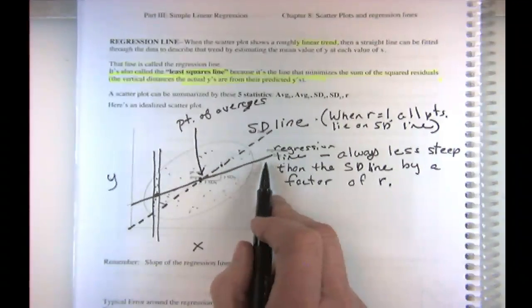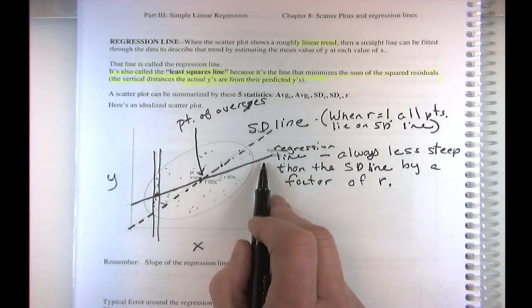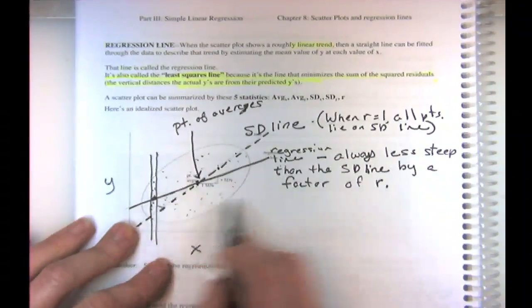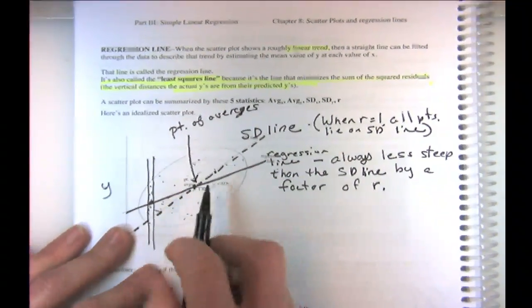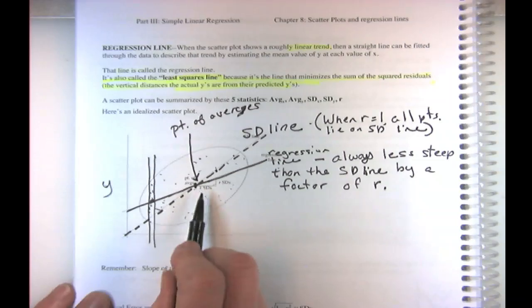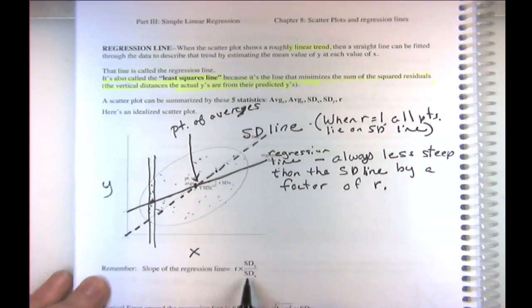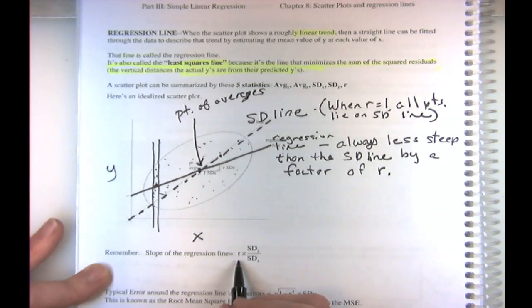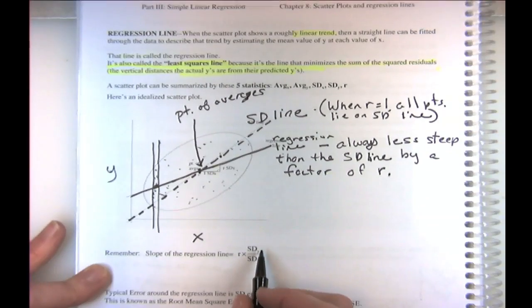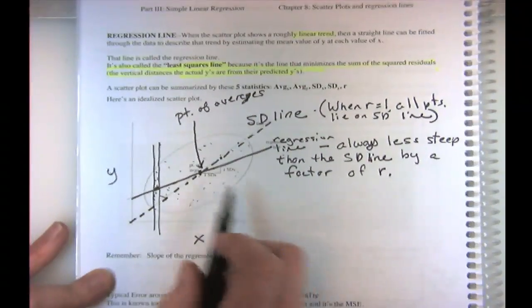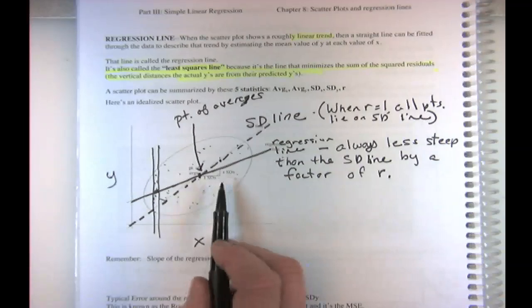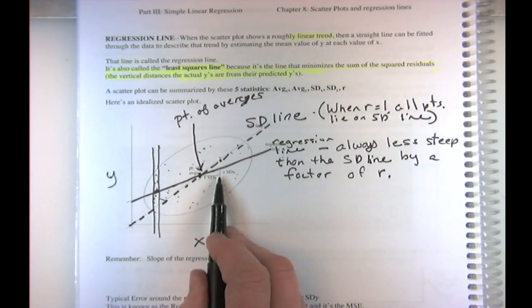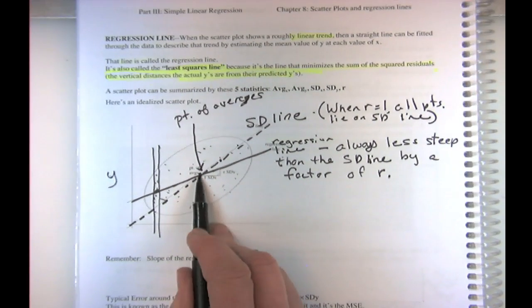And what this regression line does is, of course, it's not a perfect correlation, and basically the slope of the regression line is r times the standard deviation of y over the standard deviation of x. So our best prediction for people who are at the average, they cross, they're the same.